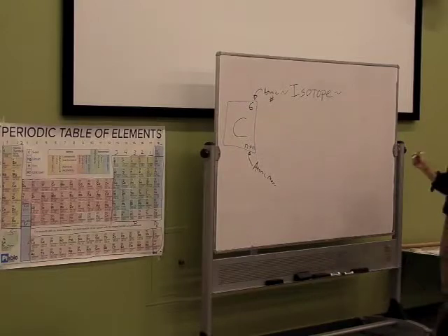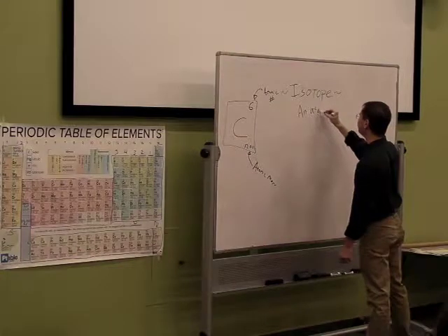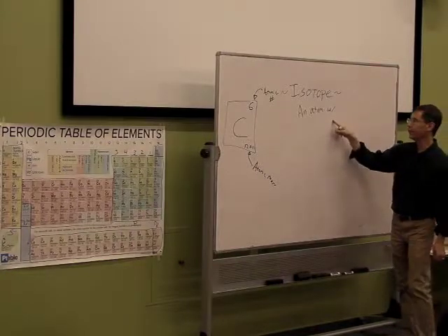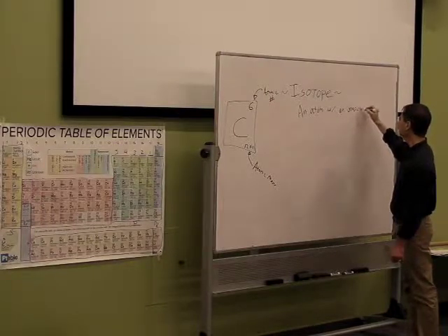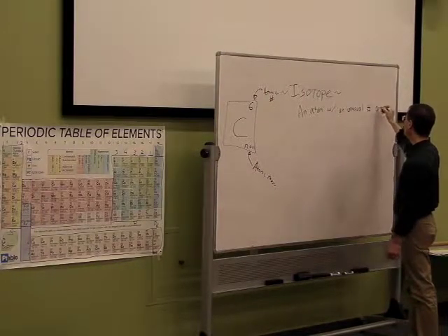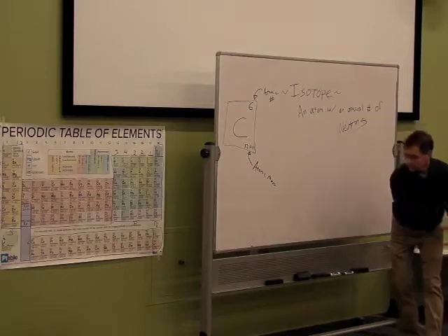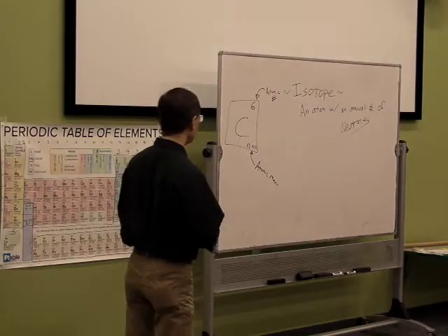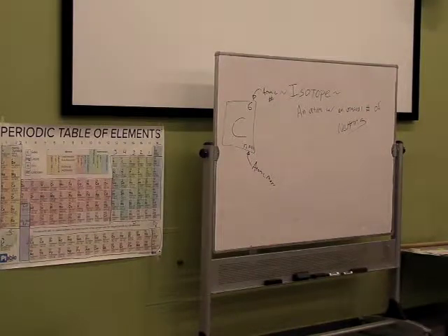So an isotope is an atom, notice the N part, an atom with an unusual number of neutrons. The W with a slash is just shorthand for with. So an isotope is an atom with an unusual number of neutrons.